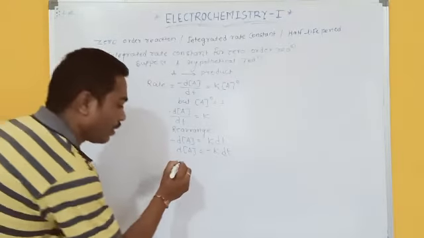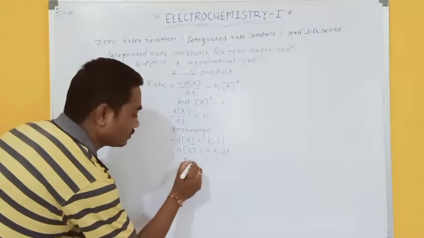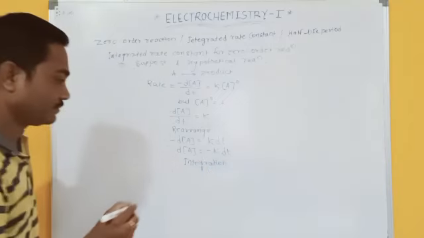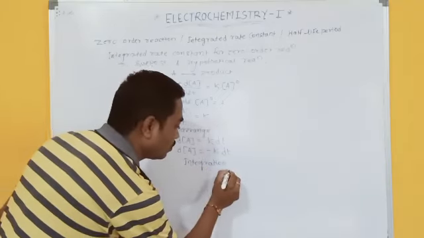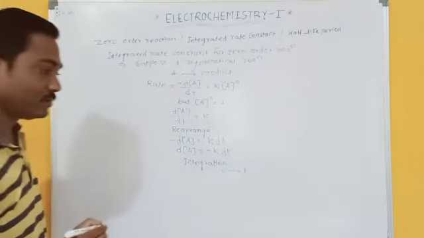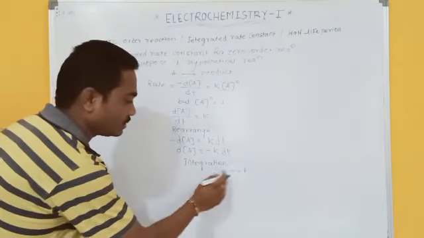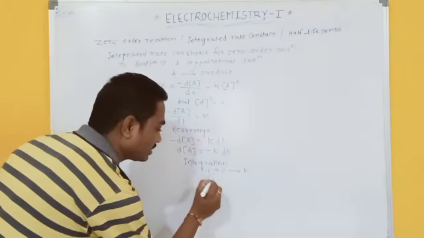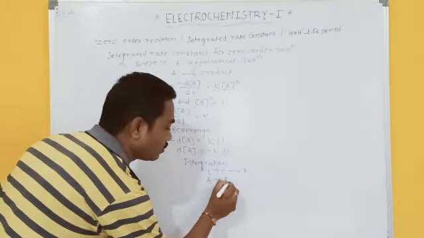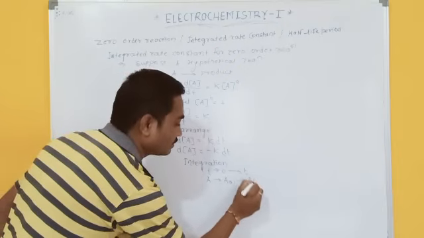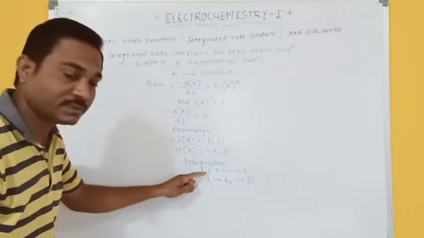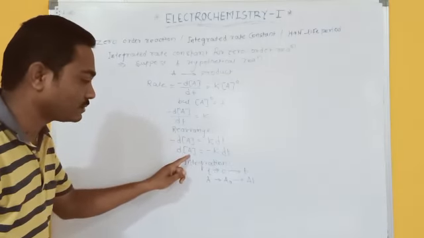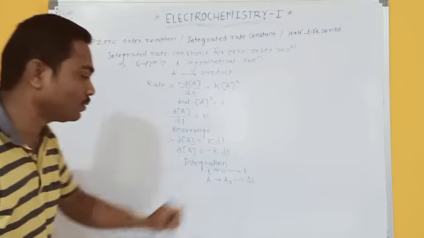Now on integration between the limit 0 to t, when the time changes from 0 to t, then the concentration of reactant, that means A, changes from A0 to At.